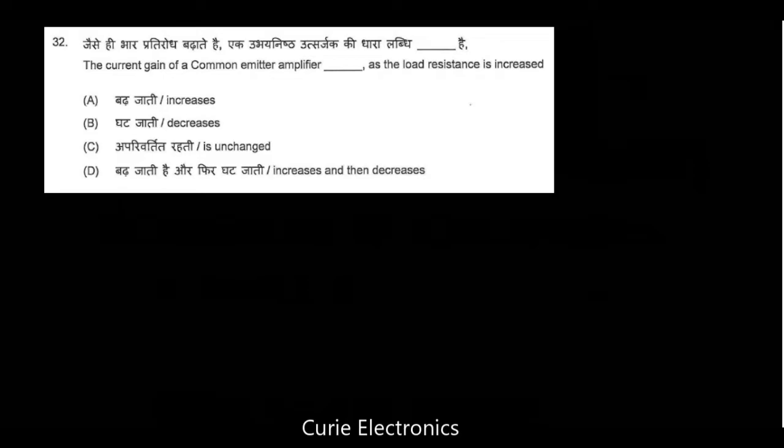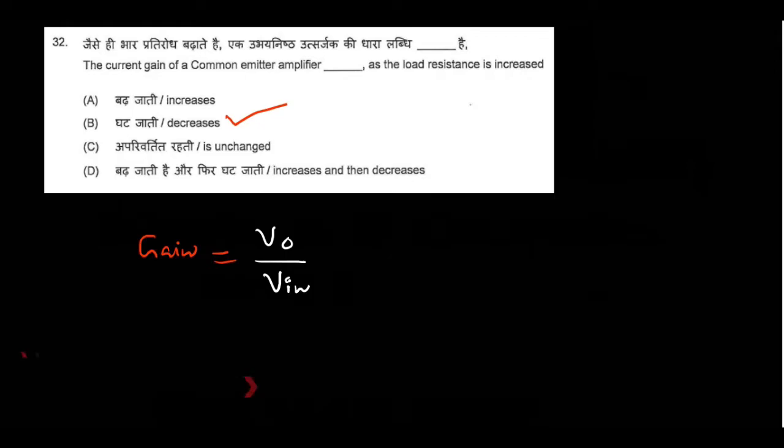The current gain of a common emitter amplifier as the load resistance increases. So what happens as the load resistance increases? The current gain decreases. Answer option B is the right answer. So what is gain? Gain equals output voltage upon input voltage, V in.